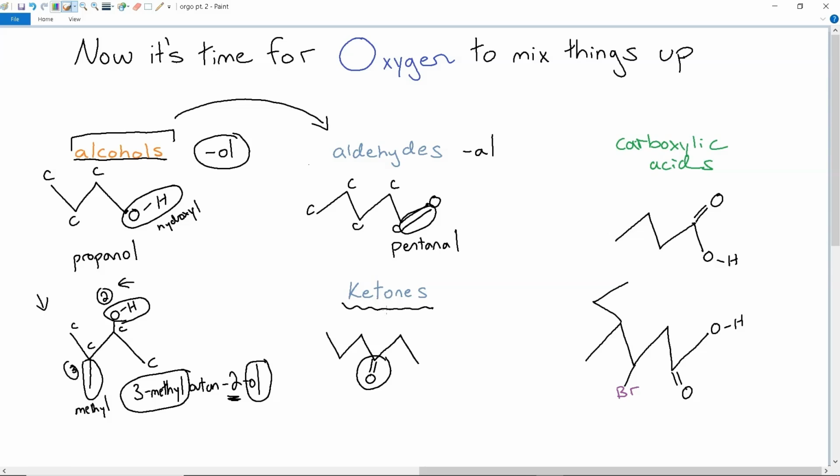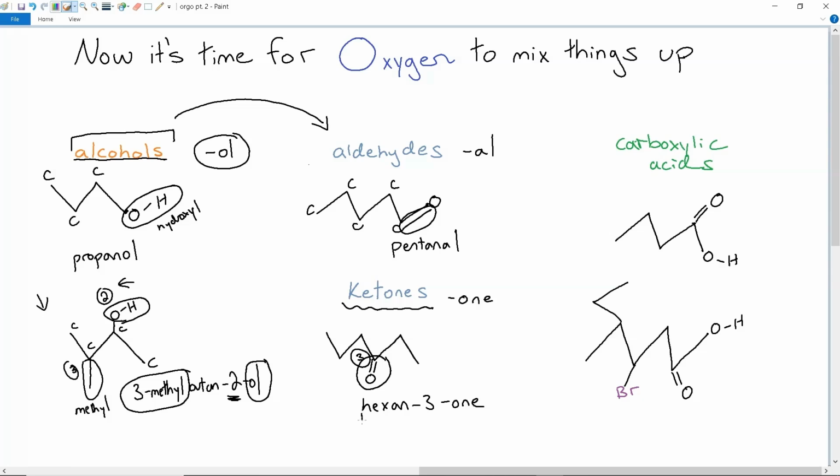So for ketones, we are going to have to specify where the oxygen is, and we're going to do that using the normal naming conventions, but then just using the ending O-N-E. If we were to look at our main chain here, we've got 6 carbons, and if I counted from right to left, that would give me the lowest number of a 3 here. So we could say that this is hexan-3-one.